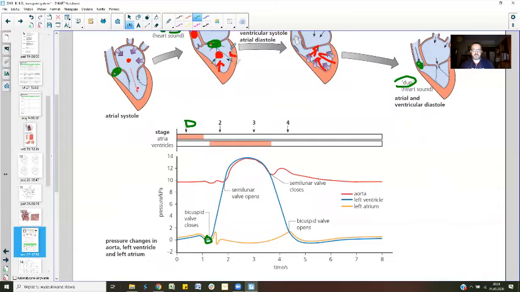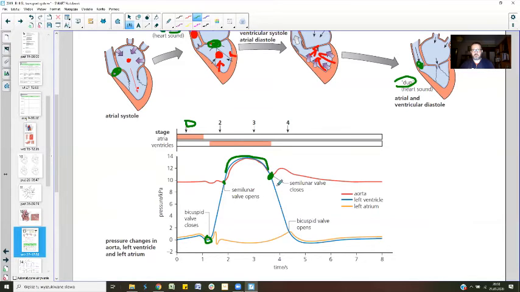But the semilunar valve opens only if the pressure in the aorta is lower than pressure in the ventricle. So this is the moment of opening of the semilunar valve. In this time here, the blood flows out from the ventricle into the aorta, and because the blood has left the ventricle, the pressure decreases, and this fact closes the semilunar valve.